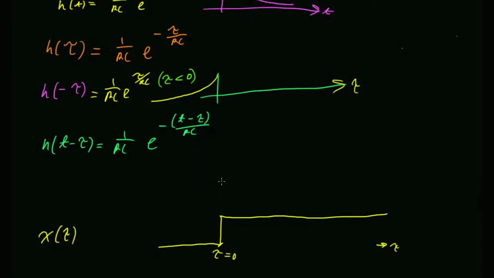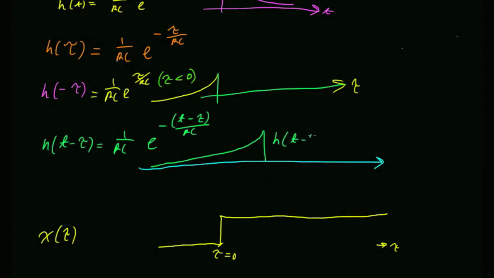Are you with me? Is that h of t minus tau? Look at the drawings that we did. We started with h of t, then we said h of tau, well that was the same thing. Then we said h of minus tau, and the h of minus tau had the effect of flipping it.